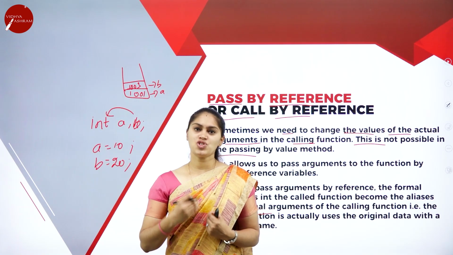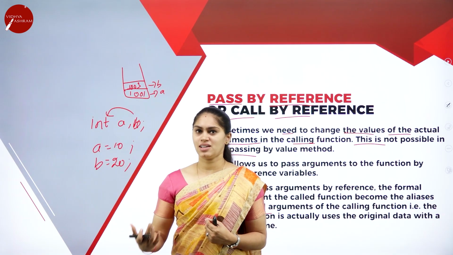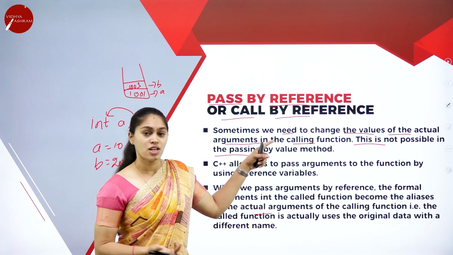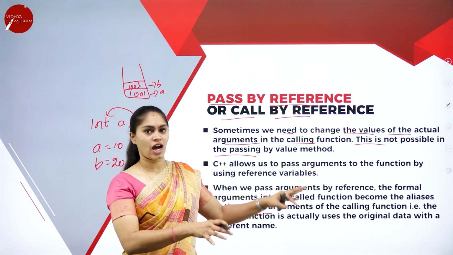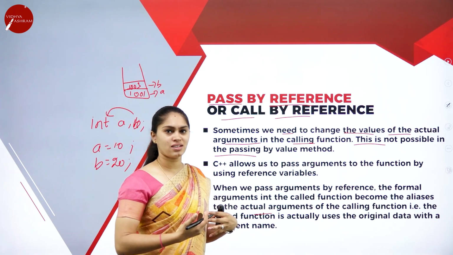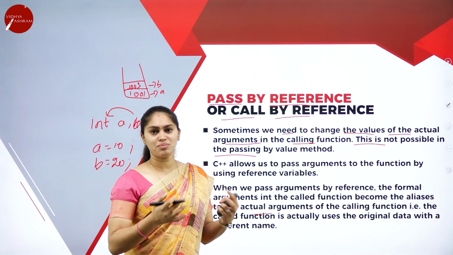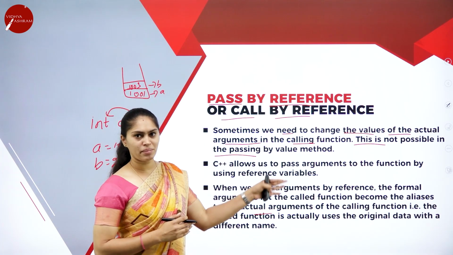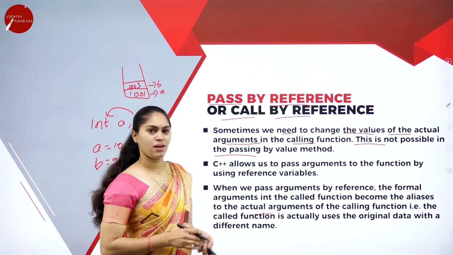But when I want to change the value of actual parameters, we have to use its reference. When I get to know the address of a house, then I can modify something. But if I just get to know how many members are there, I can't modify anything. So remember that real-time example and apply it to the C++ concepts.